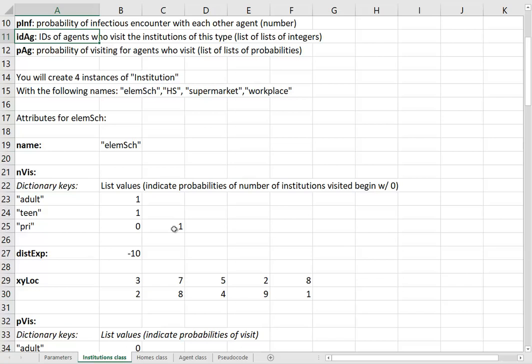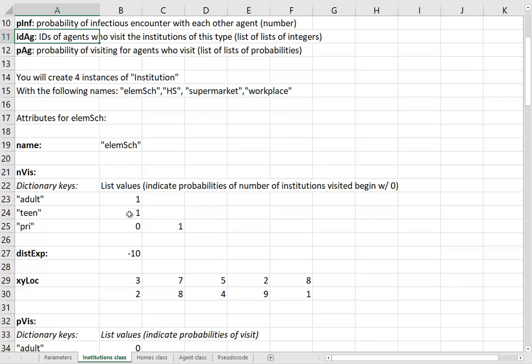Now, it's quite possible that the adult might visit the elementary school sometimes, but rarely. When we're doing an initial model, we want to model the basic behavior and not model the things that happen rarely. We can always change this later if we need to. But these list values indicate that the adult visits 0 institutions with probability 1.